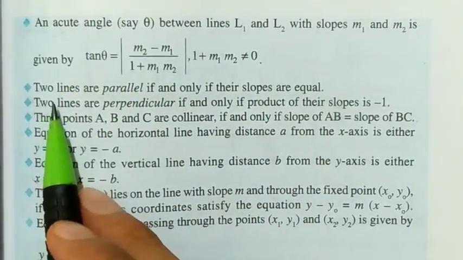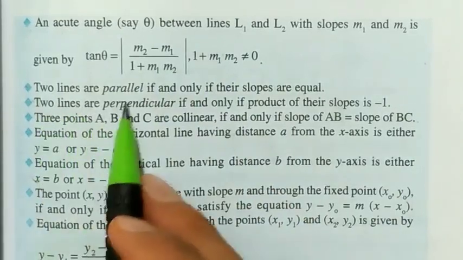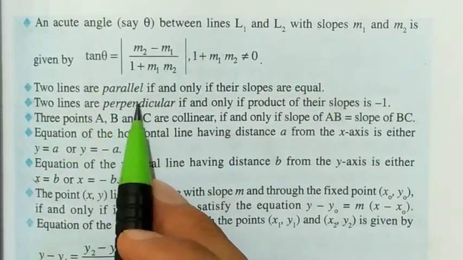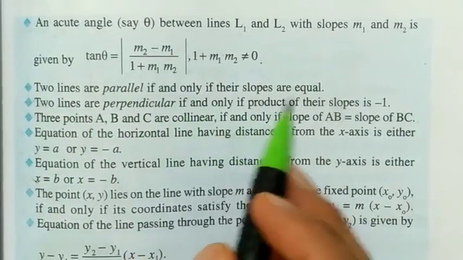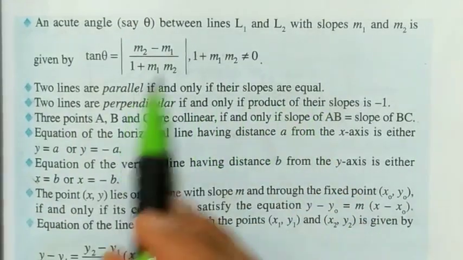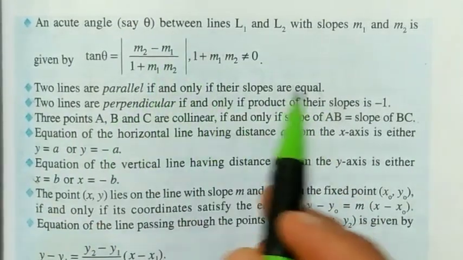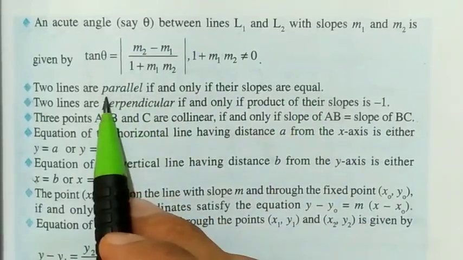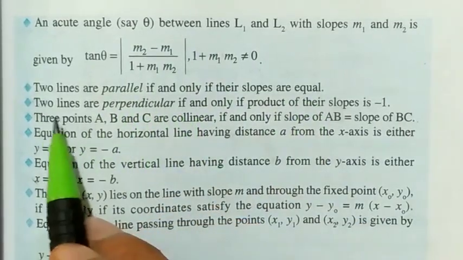Now very important points based on this. Two lines will be parallel if and only if their slopes are equal. Means slopes, let's say m1 and m2, then m1 equals m2, then the lines will be parallel.